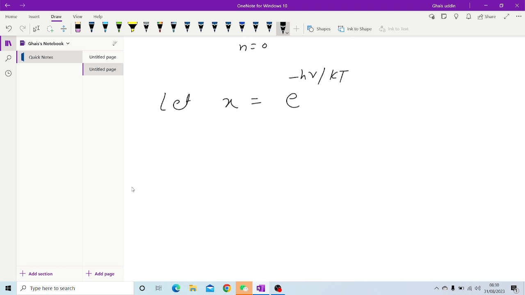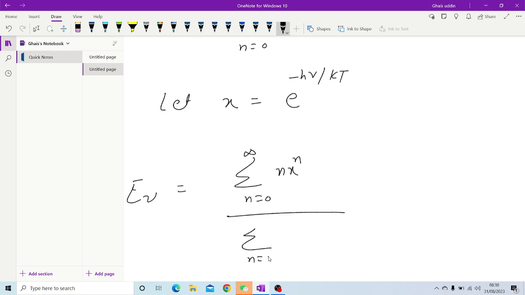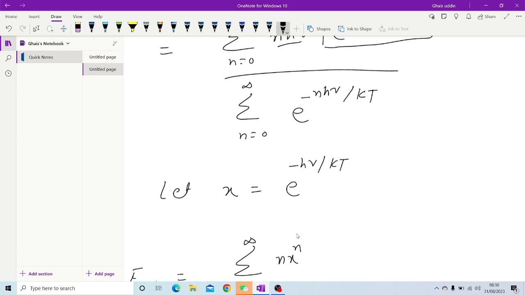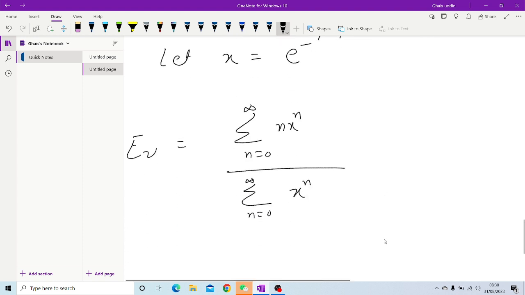So E nu becomes the summation of n from 0 to infinity of n x to the power n, divided by the summation of n from 0 to infinity of x to the power n, and we take h nu outside.